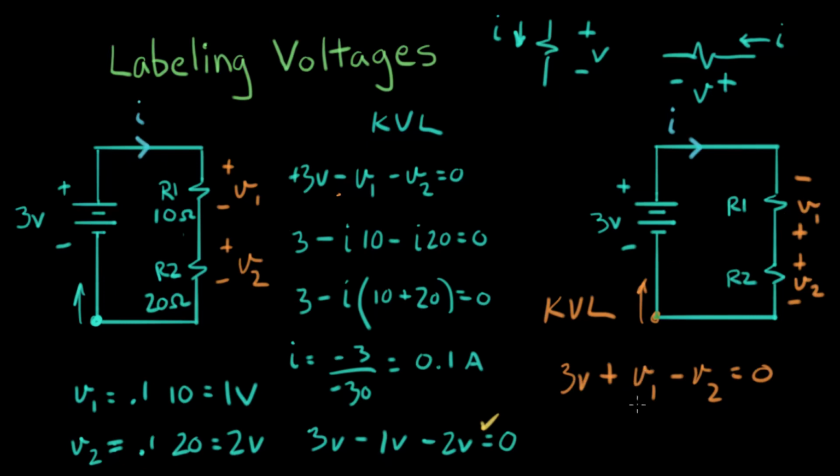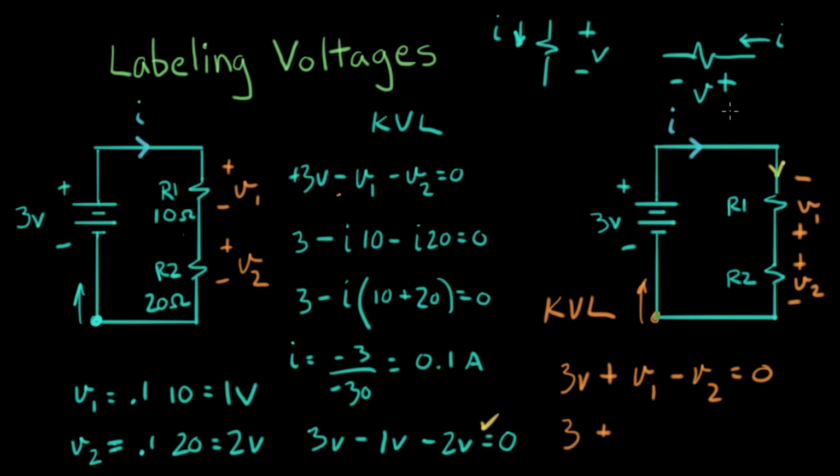So now I want to write these V terms in terms of the resistance value and the current value. And this is where we use the sign convention carefully. So now we need to include a term to represent R1, to use Ohm's law here. Now we have to be careful. The current is going in the negative terminal of R1.